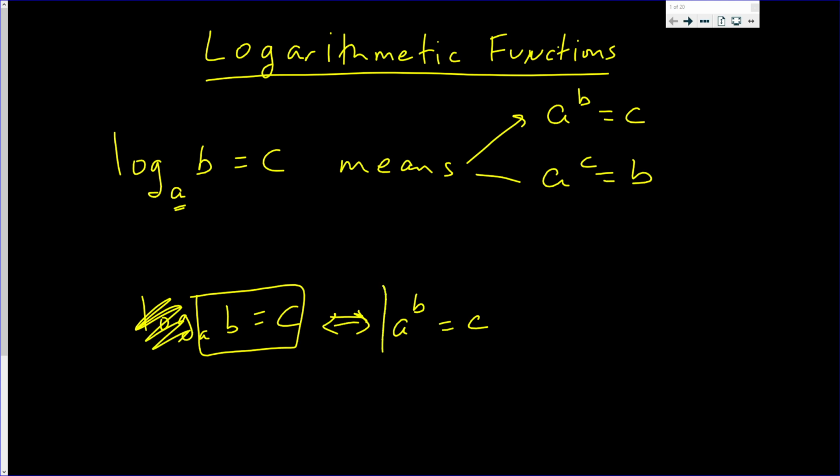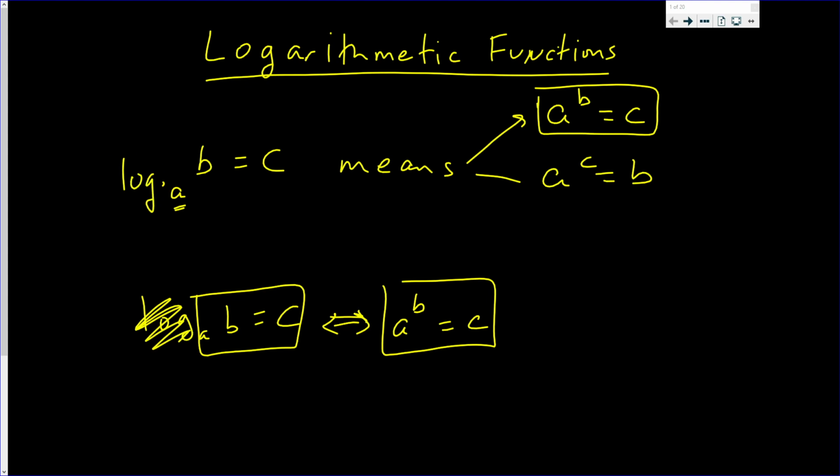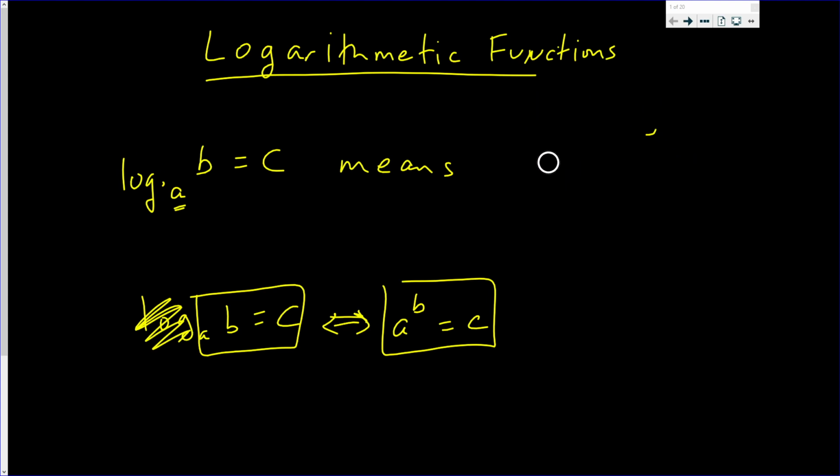Okay, it can't mean this one. You can't just ignore the log and then get this. That means that you can always ignore the log, and why do we study logs? So it doesn't mean this one. It means the one below it, which I'll put back in a moment. It means A to the C equals B.